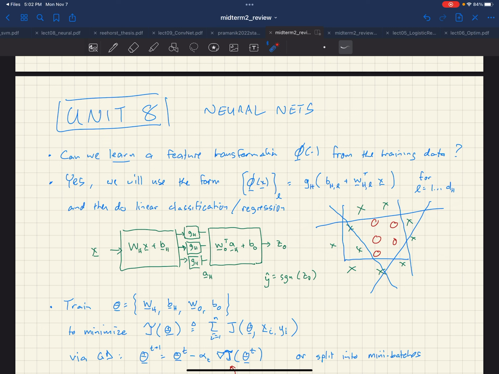And once you have 3 of them, you can look at the intersection of those 3 half spaces. Using the second stage, you can say, I'm looking for the things which are in this intersection. In doing so, you can create, as you see, a nonlinear decision region, and you can do well with this data set. So in this case, we're actually learning how to build the transformation from the data samples themselves. And that's kind of a nice idea.